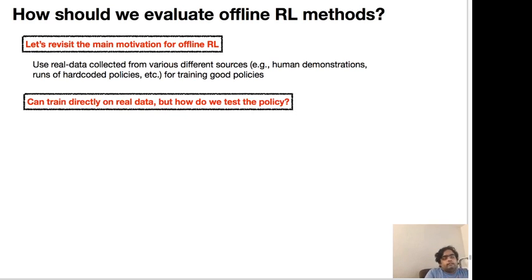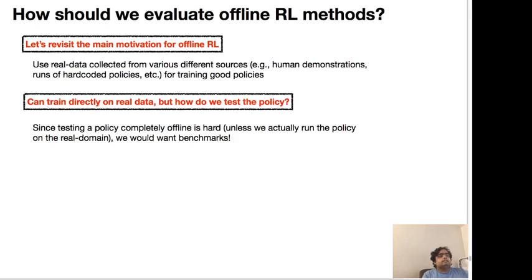So we can directly train on real data, right? In a sense that there's a lot of real data available, we may as well train on it. So we can train on a lot of driving data or robotics data or something else. But one of the primary issues with training in reality is that we don't know how to test the policy in the real world.